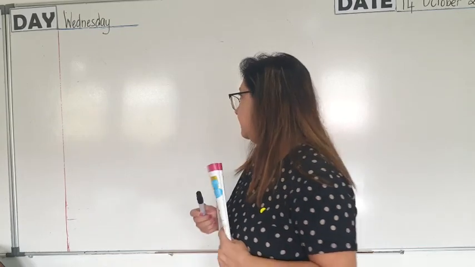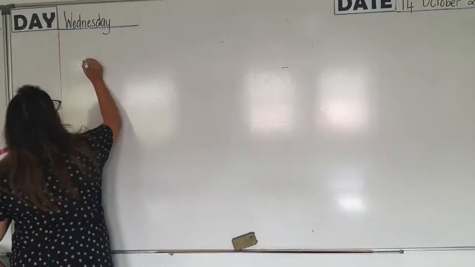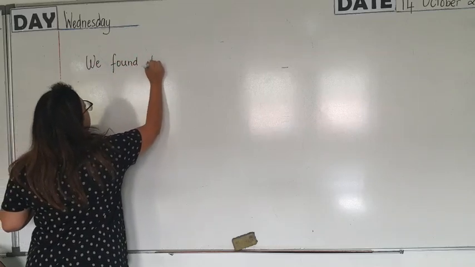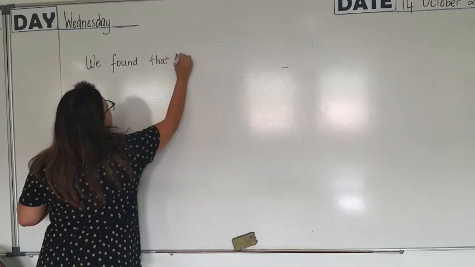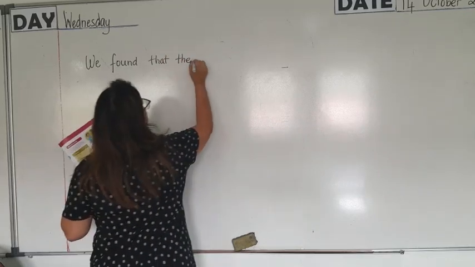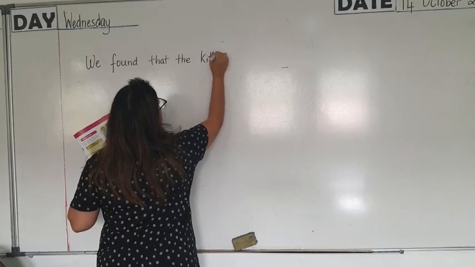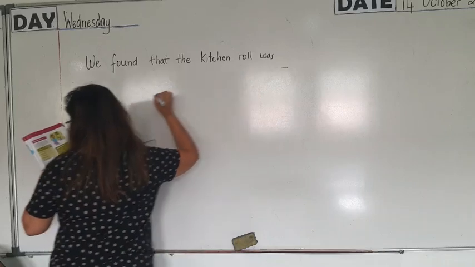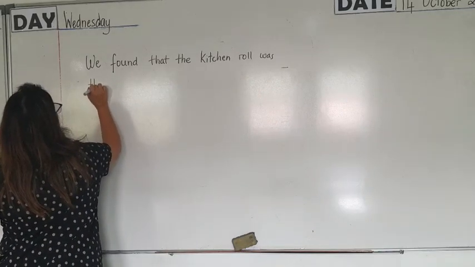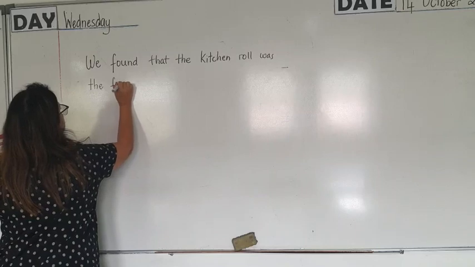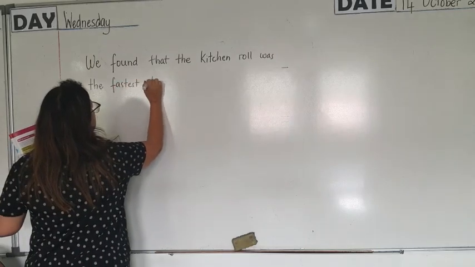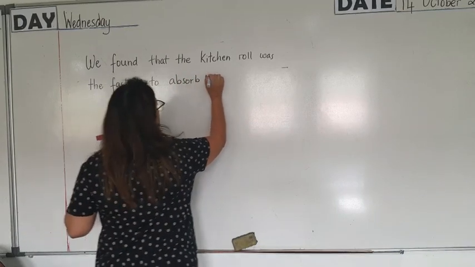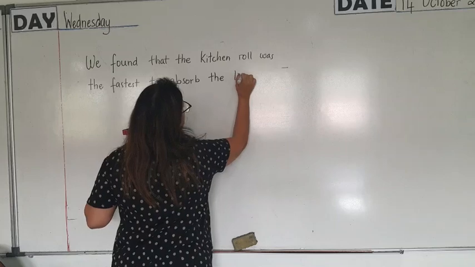So you can write down: we found that the kitchen towel or kitchen roll was the fastest to absorb the liquid.